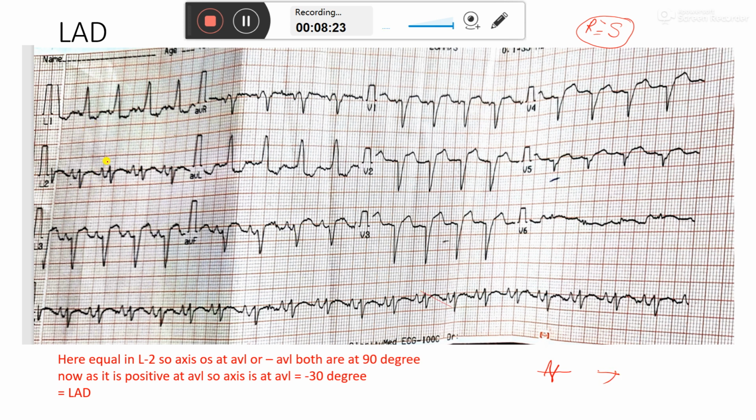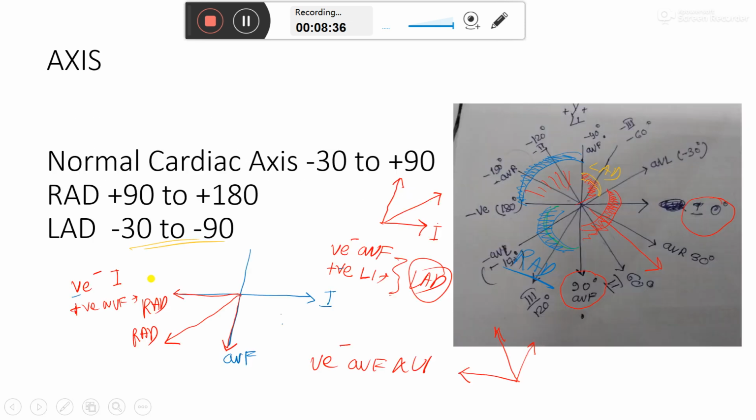See here, it is isoelectric in lead 2. Perpendicular to lead 2, there are two things: one is AVL and one is negative AVL.